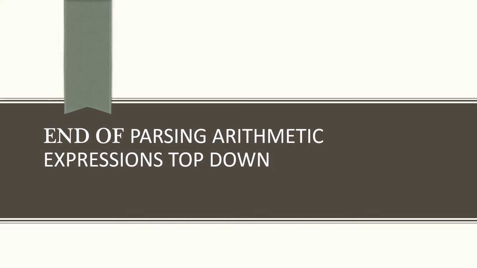After you have removed the left recursions, you need to recheck the new grammar, whether it is in LL1 or not. If it is in LL1, then you can continue by constructing a pushdown machine as well as the recursive descent parser.